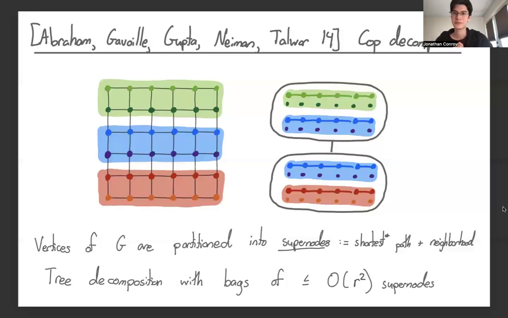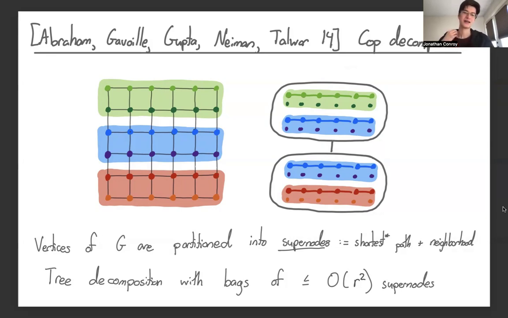Abraham, Gavoille, Gupta, Neiman, and Talwar gave a modified version of Andreae's argument. And they said that you can partition the vertices of G into supernodes. A supernode consists of a shortest path plus some small neighborhood around the shortest path. They said that the path is the skeleton of the supernode.